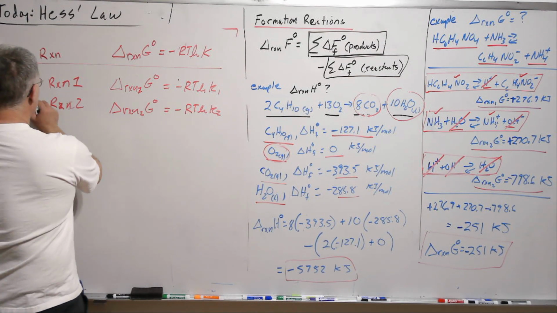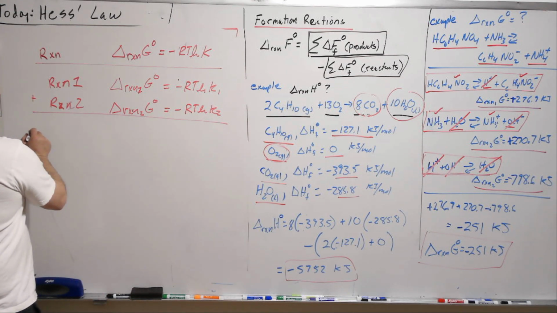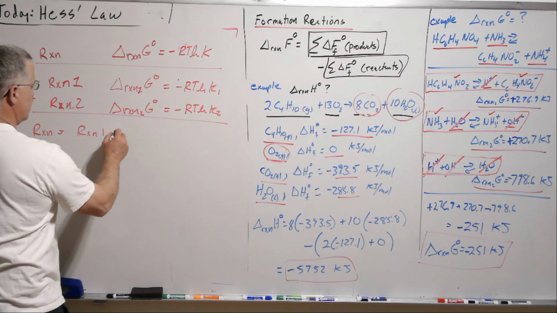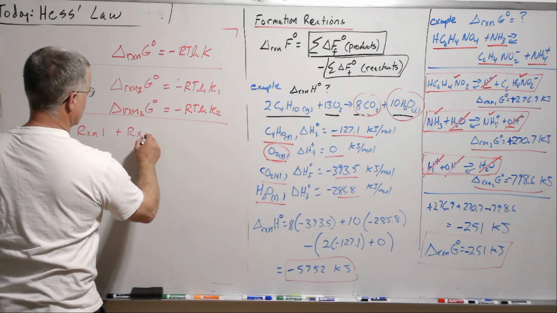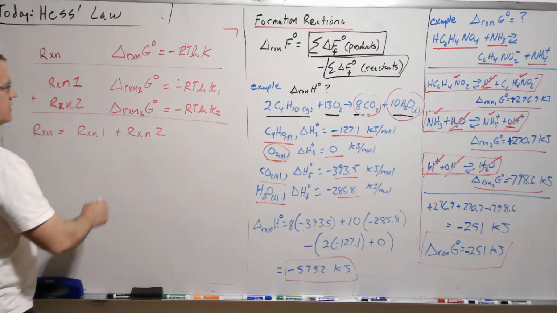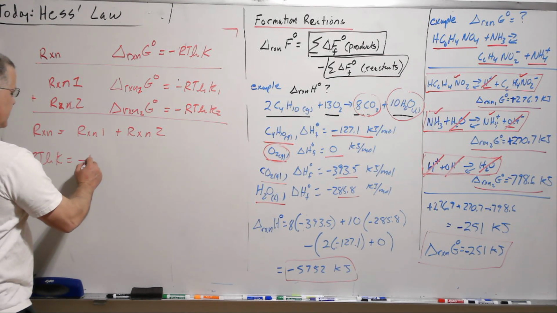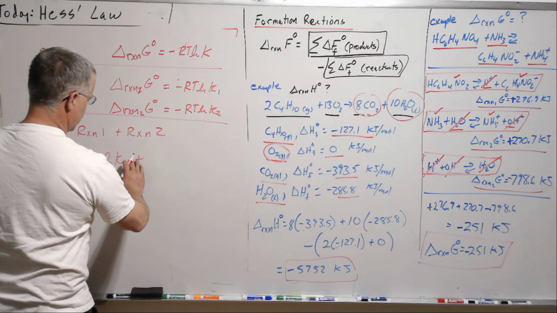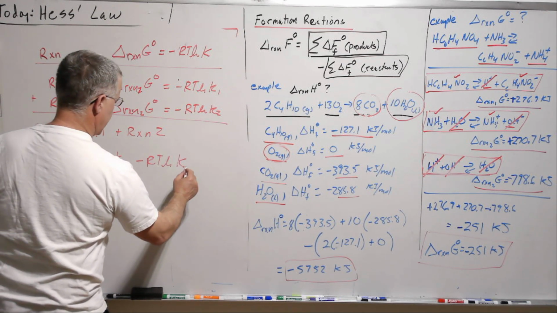Okay. So if we add these two, then we get reaction 0 equals reaction 1 plus reaction 2. That's a Hess's law statement. And then minus RT ln K equals minus RT ln K1 plus minus RT ln K2.